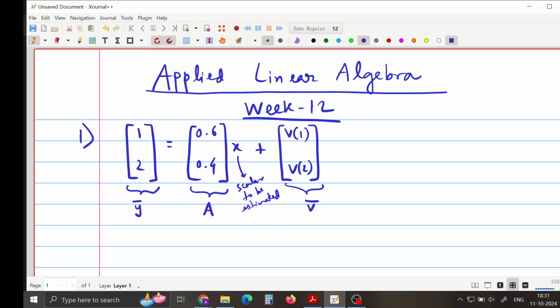These noise samples, which are Gaussian random variables v of 1 and v of 2, are independent but not identically distributed.